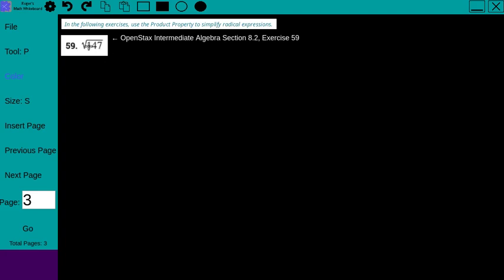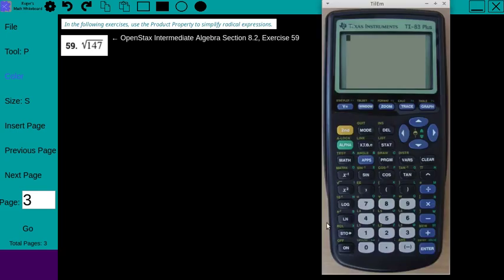That number doesn't happen to be a perfect square. You can see that immediately by taking the square root of 147. If you do that, you will get something with a whole bunch of decimals. That indicates that 147 isn't a perfect square.